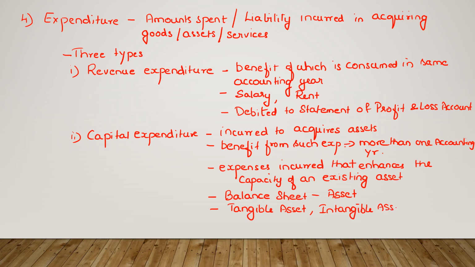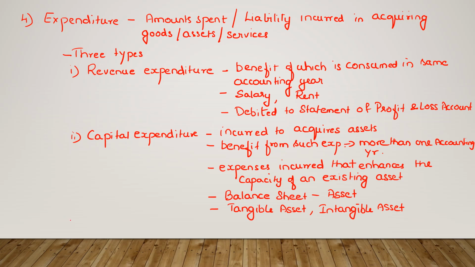Suppose she purchased computer software. Computer software is an intangible asset which cannot be seen or touched, but still it is an asset. It enhances the capability of the computer and helps the computer to operate in a proper manner as is required. So that is another example of capital expenditure.